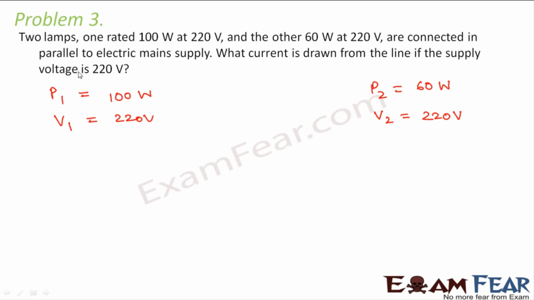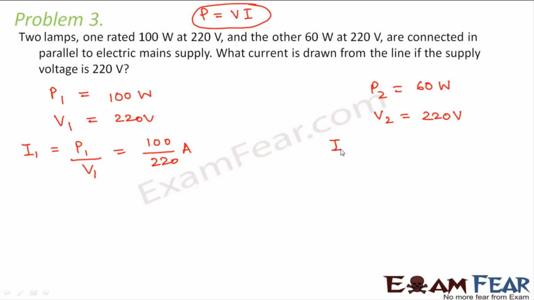So let us see how much current will flow through this first bulb. The current through this will be equal to P1 divided by V1. That's because we know that power is given as the product of potential difference and current. So this will be equal to 100 divided by 220 amperes. Similarly, current drawn by the second lamp will be equal to P2 by V2, that is equal to 60 divided by 220 amperes.